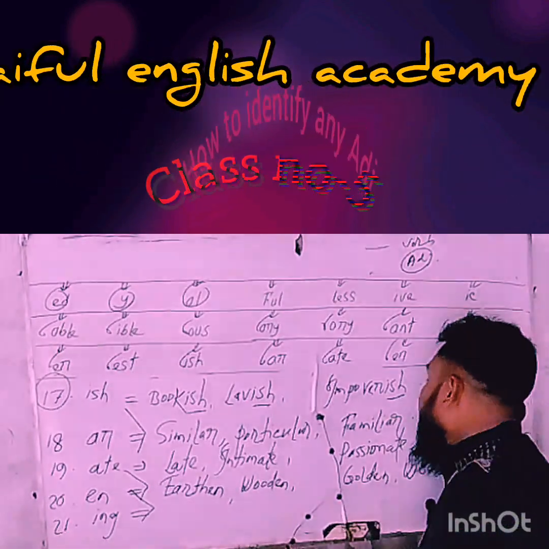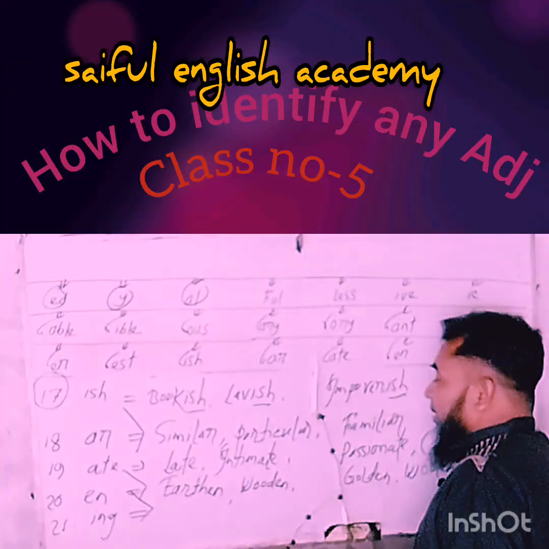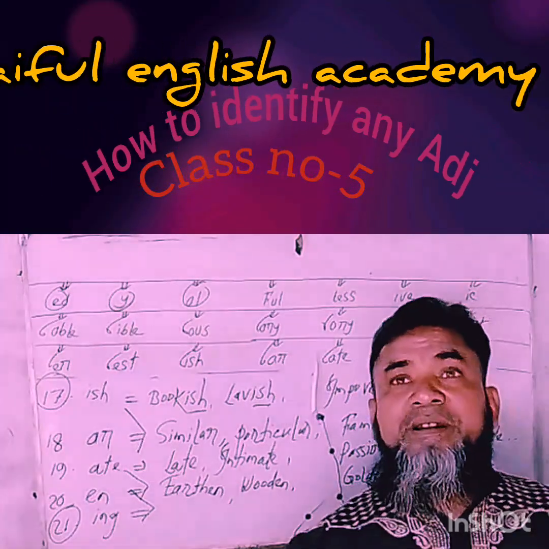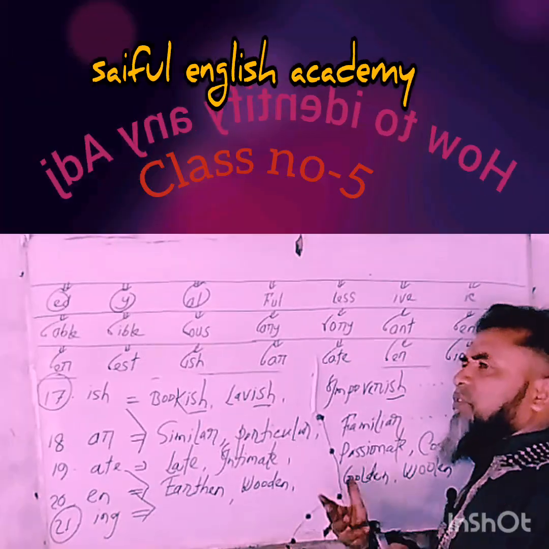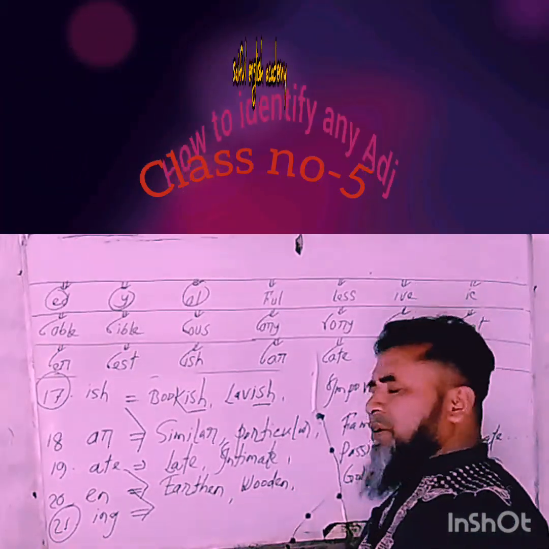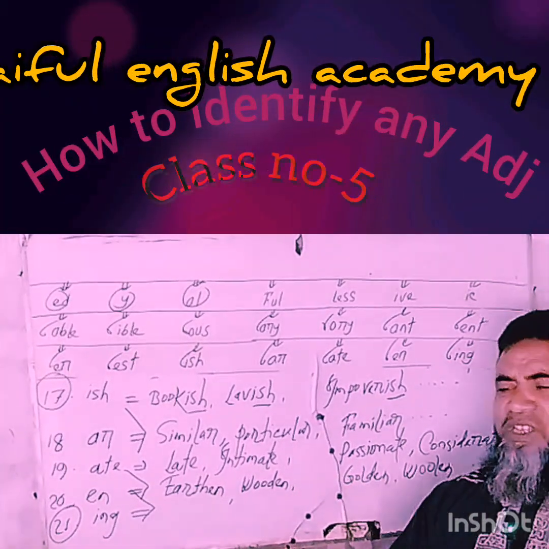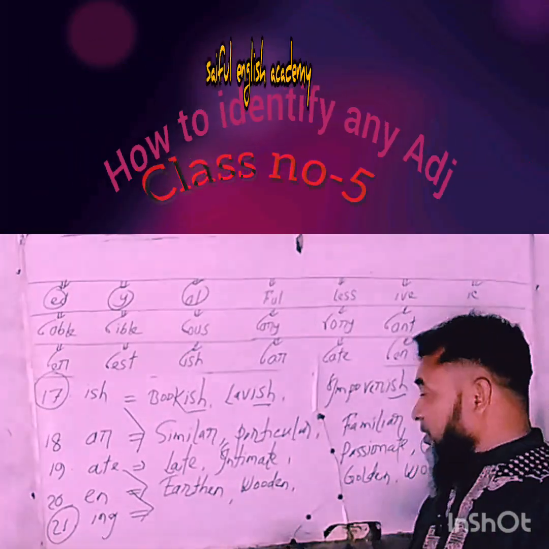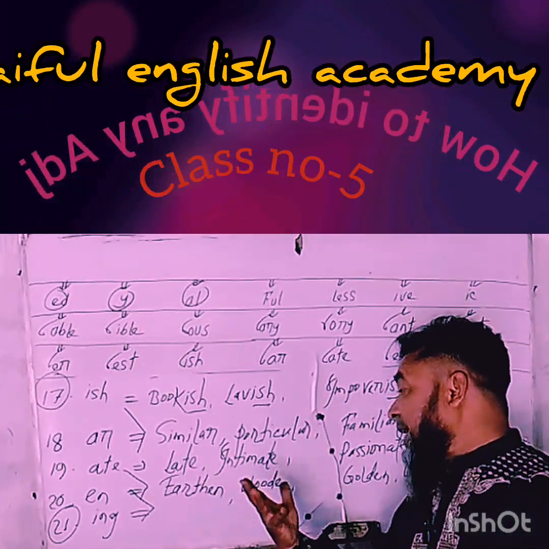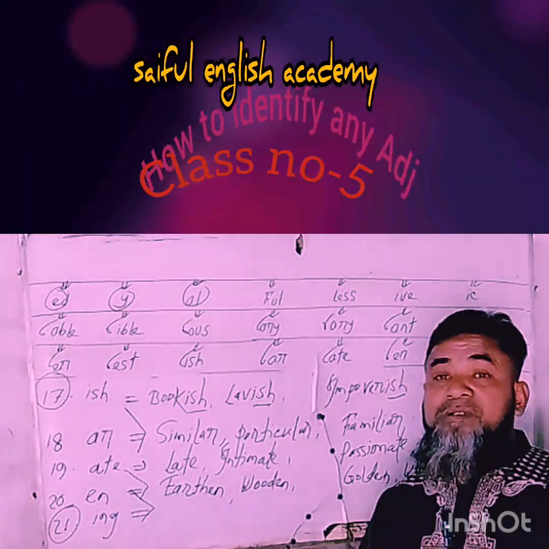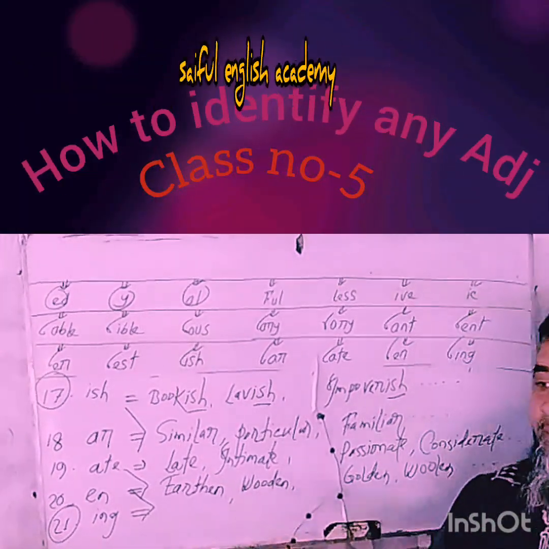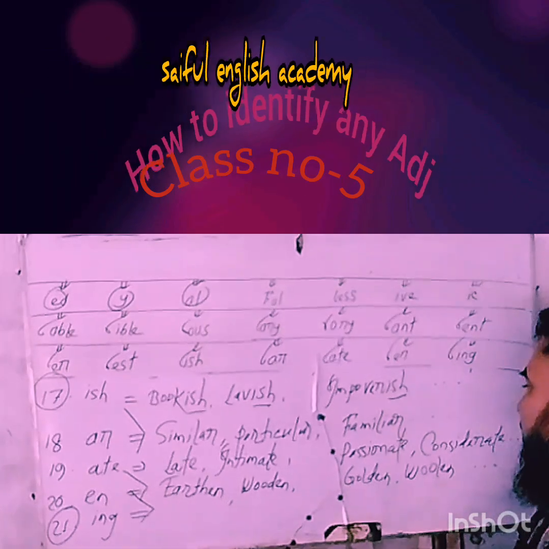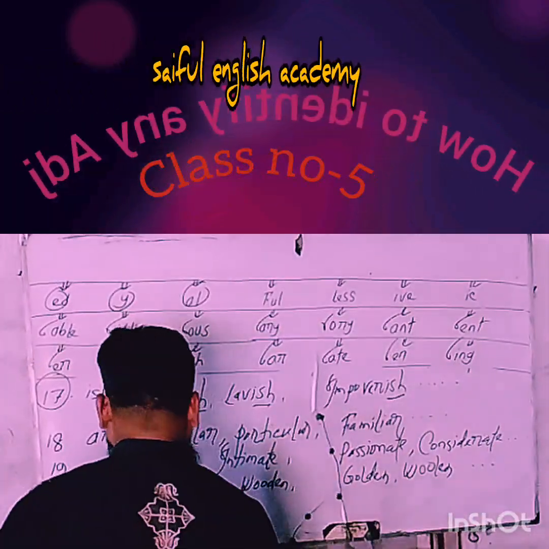We'll have to mind that if such words with the ING suffix are used according to the position of a noun, of course noun, but if such words are used according to the position of an adjective, of course adjective. Hope that you have understood clearly.